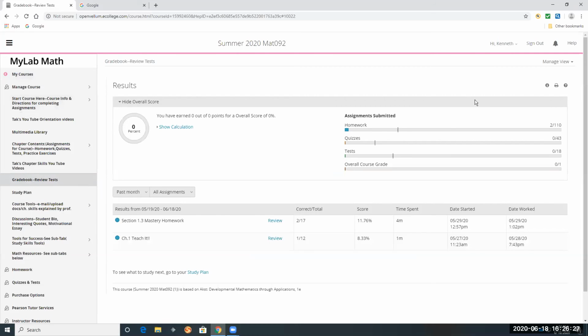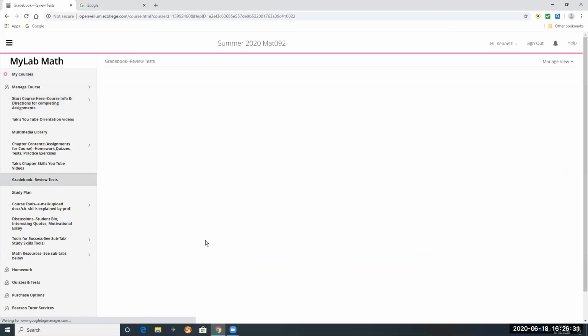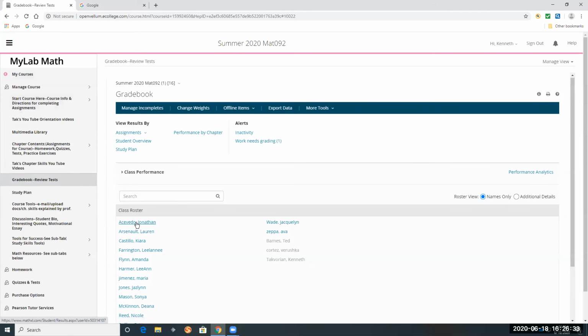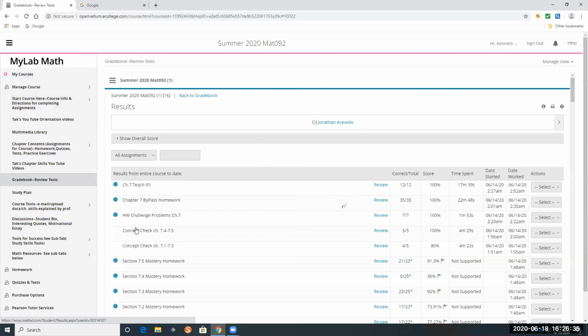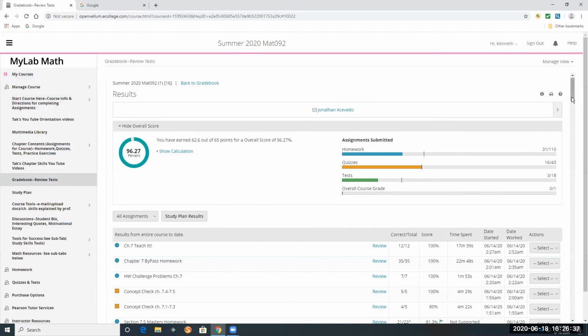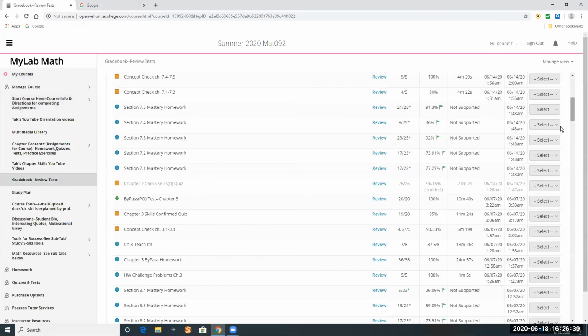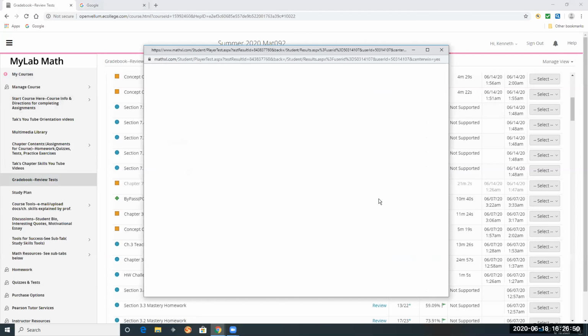I'm going to go into a particular class to get a particular student's test. And this student has done a lot of work for me. He has done this test. So once you go into the grade book, find the particular assignment you want to review, this particular test, click it.